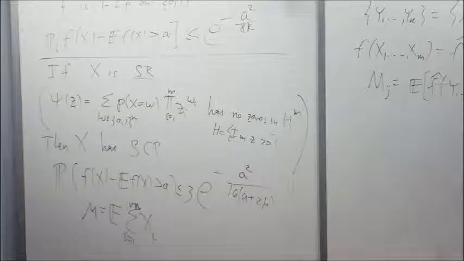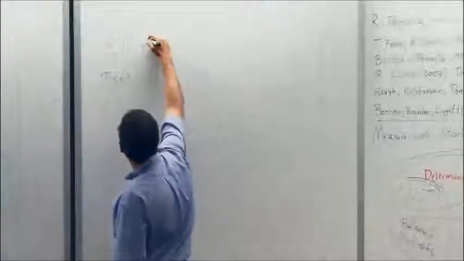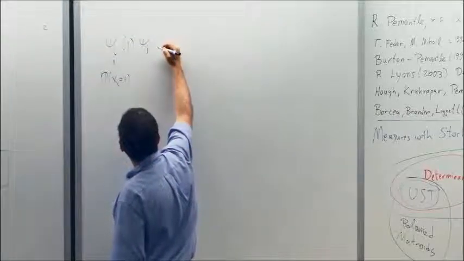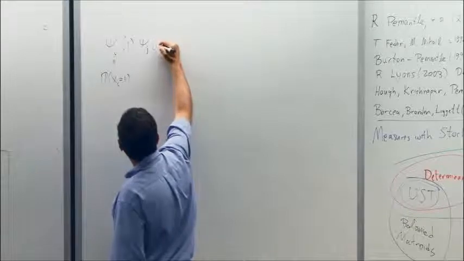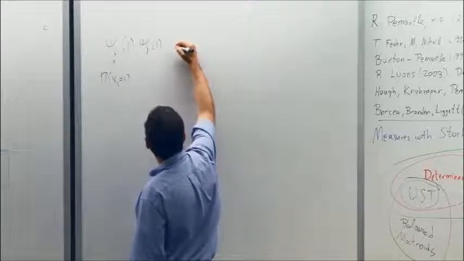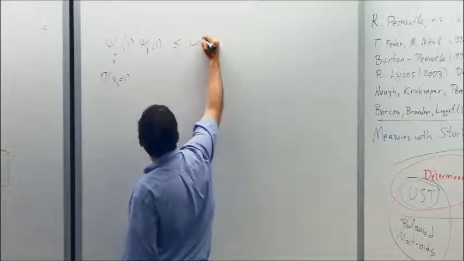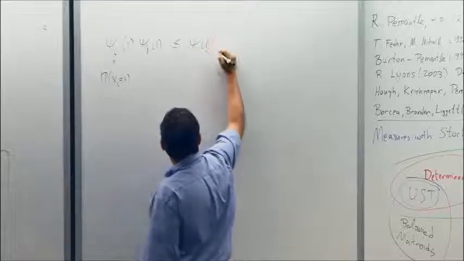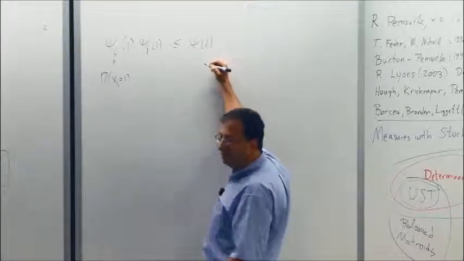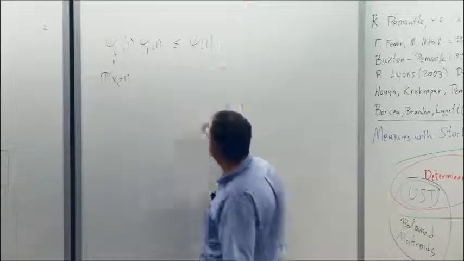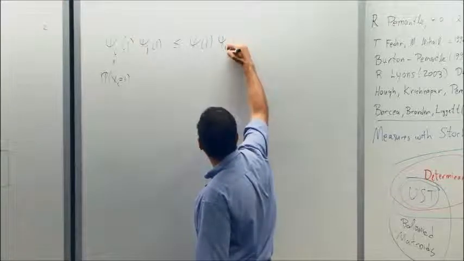So psi i of 1 is exactly the probability that the ith variable xi equals 1. And so the pairwise negative correlation just means that psi i of 1 times psi j of 1, for i different from j, should be greater than psi of 1 (which is 1, but I'm writing it here to keep everything homogeneous) times psi ij of 1.